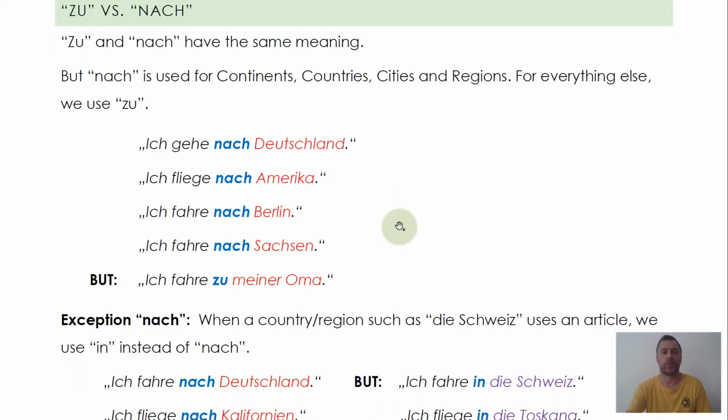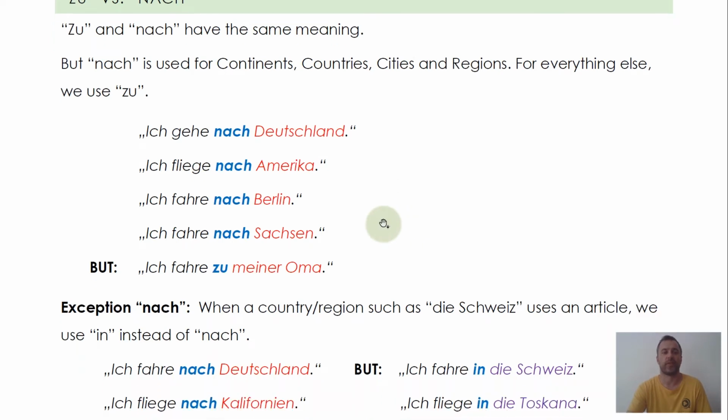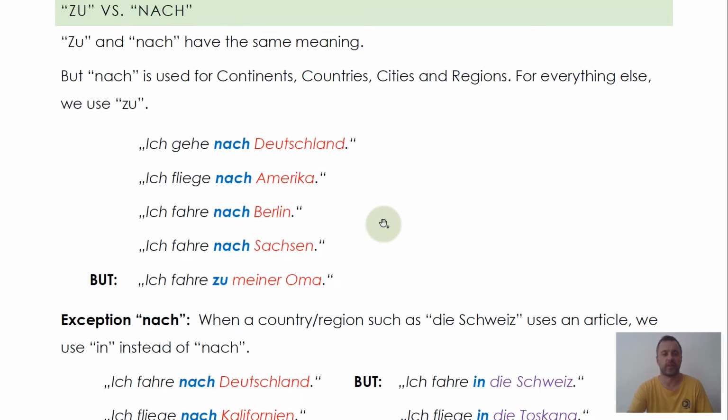There's also some slight special characteristics for zu, because you have to replace it sometimes with nach. So this you have to do if you're talking about continents, countries, cities, and regions.